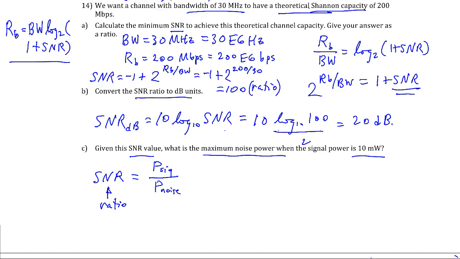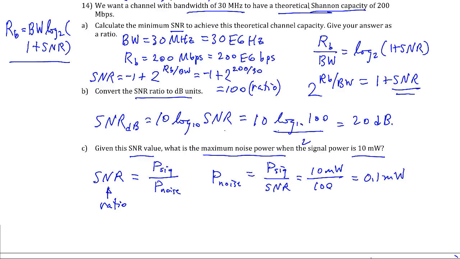It's asking what the noise power is, so I can solve this for the noise power. This is equal to the signal power over the SNR, which is 10 milliwatts divided by 100 as a ratio. This is 0.1 milliwatts.